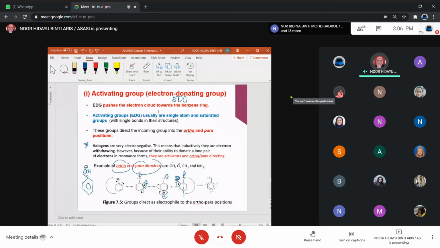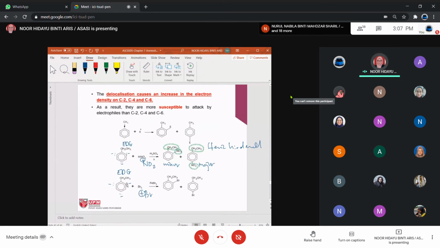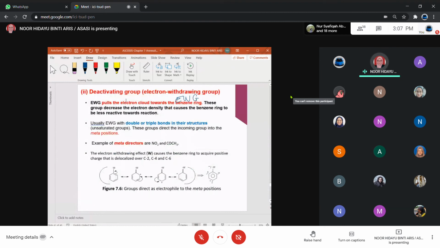Compared to that, EDG pushes the electron cloud towards the benzene ring. So it pushes electrons from itself to the benzene ring, which makes the benzene ring more stable. For this one, it pulls electrons towards itself. This group decreases the electron density, causing the benzene ring to be less reactive towards reaction.